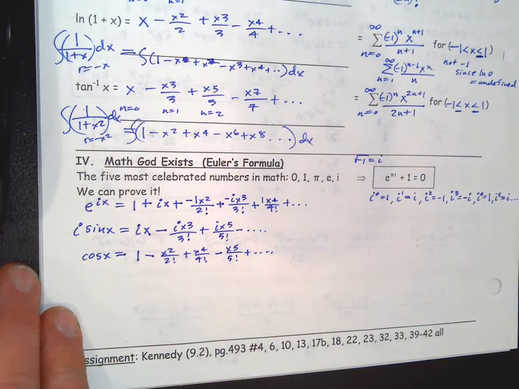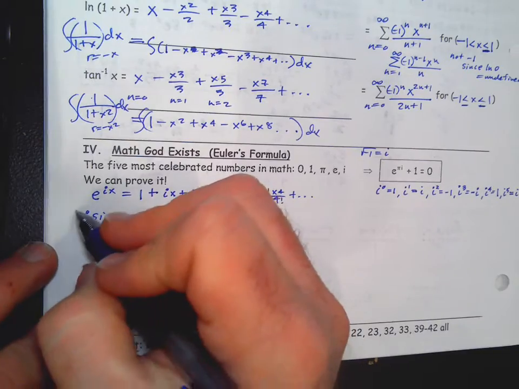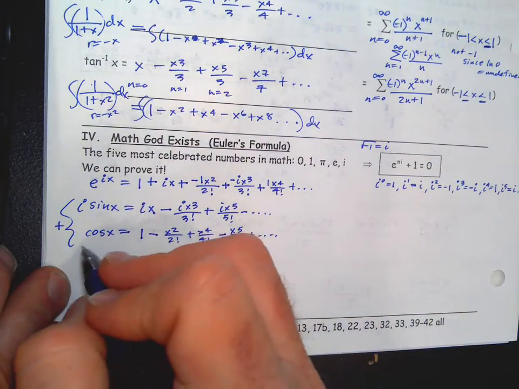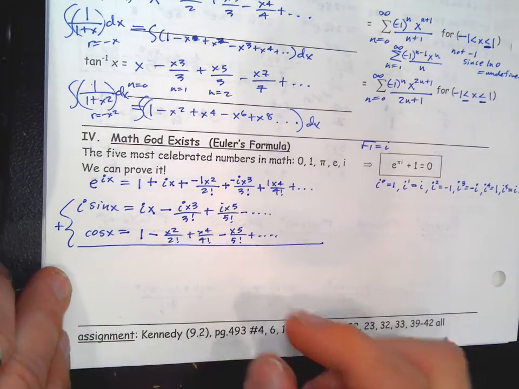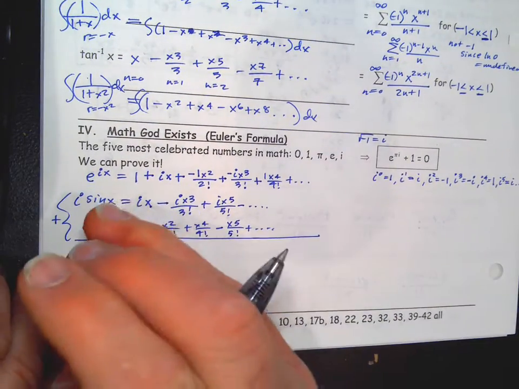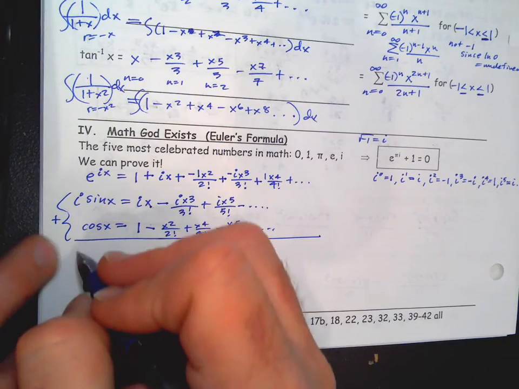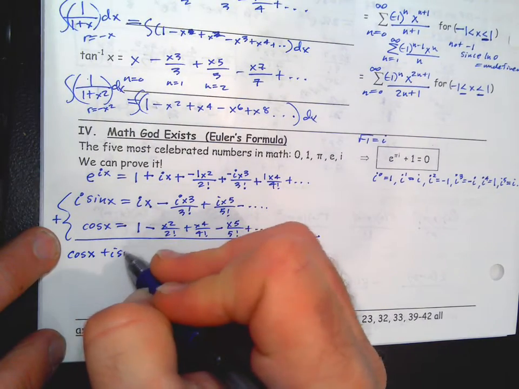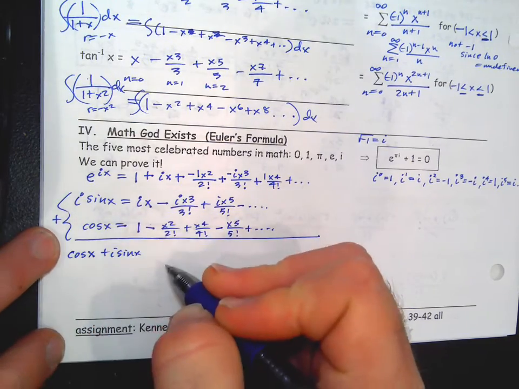Now what I want to do is add these guys together. That brings up another idea that we're going to see a lot: you can add one series to another series to create another series. So if they said, write a series for cosine x plus I sine x, you could find these two separate series and then just add them together.